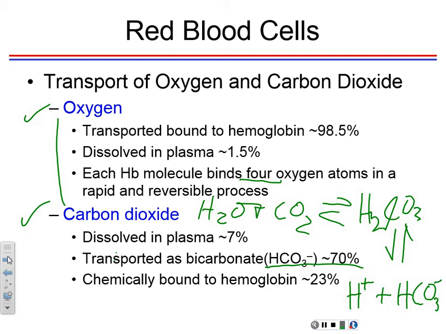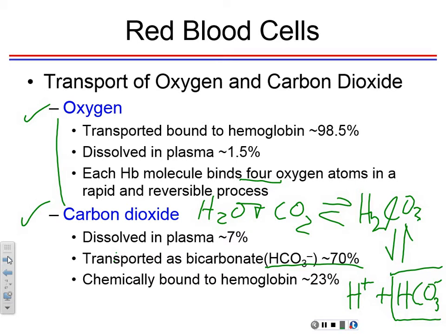So that's a bicarbonate ion. This is the form in which about 70% of the carbon dioxide is transported, and then 23% is carbaminohemoglobin.